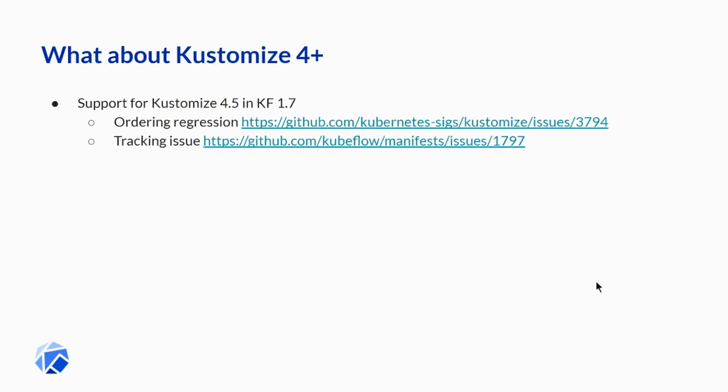The problem with Kustomize 4.5 and the latest version was that in Kustomize 4.0 and afterwards, there was a regression in the ordering that Kustomize used to do. And that regression had to do with mutating webhooks. Previously, when you did kustomize build, it would order and create mutating webhooks before creating any deployments. This changed in the latest Kustomize 4.0.